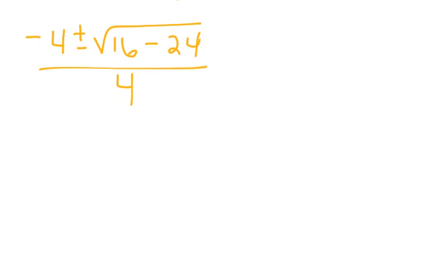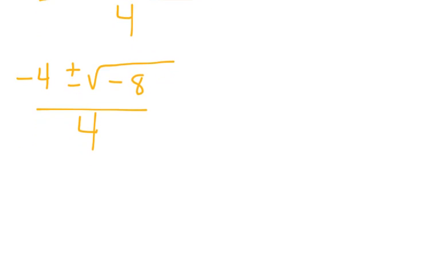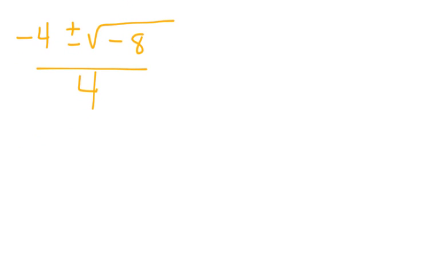We can do some simplifying right away, but I'm just going to take it step by step for you guys so you can see the process. So again, underneath the radical we have negative 4 plus or minus 16 minus 24 is negative 8 all over 4.